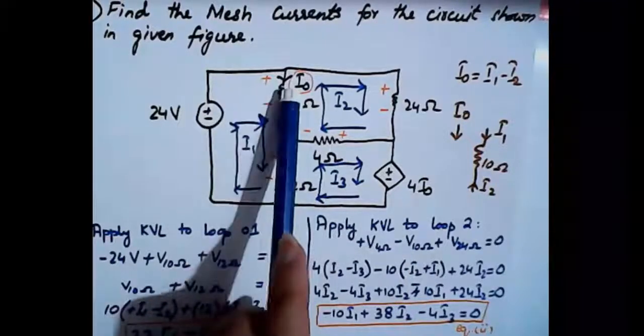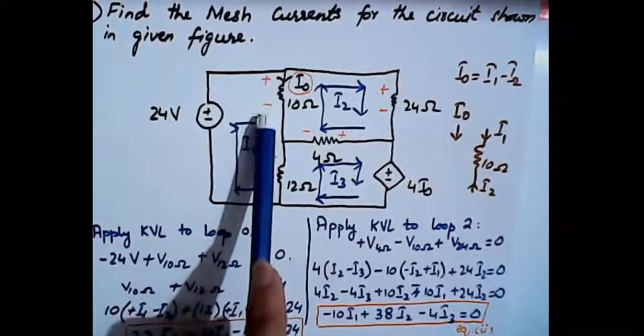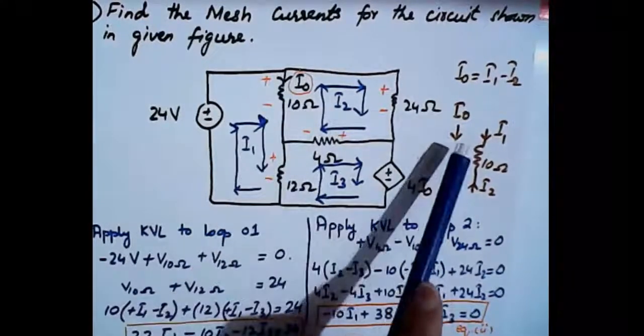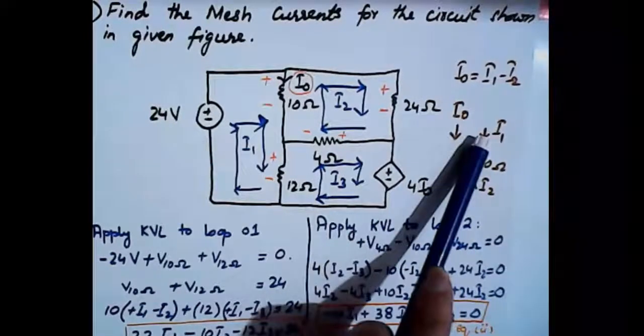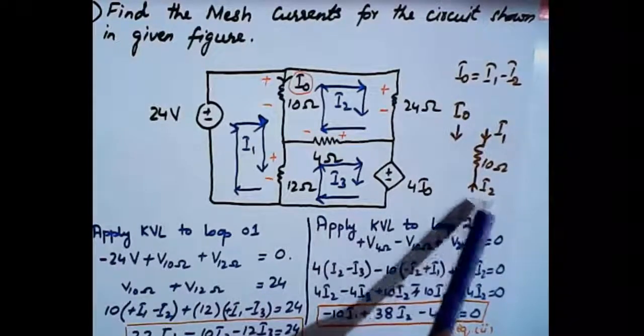We can see that this I0 is mentioned in the question, and this I0 is the current through the 10 ohm resistance. So we expressed this I0 in terms of I1 minus I2. We can see that I0 and I1 have the same direction, so I0 will be equal to plus I1 minus I2. Why minus I2?